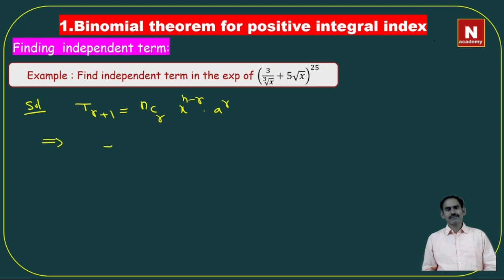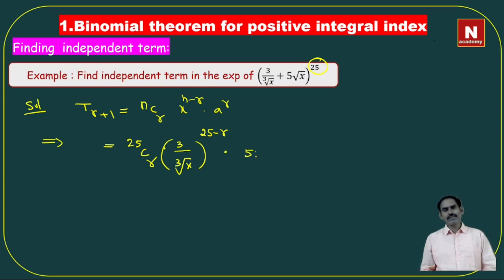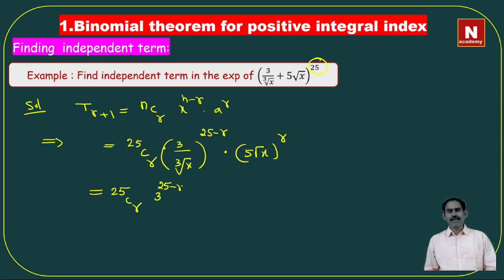That implies n is here 25. 25Cr, where x means here (3 by cube root of x) whole power 25 minus r, into (√x) whole power r. Now simplify this. 25Cr 3^(25−r), into 5^r.